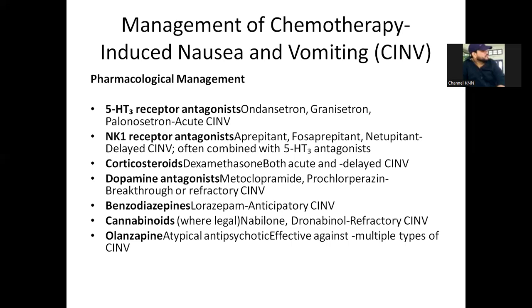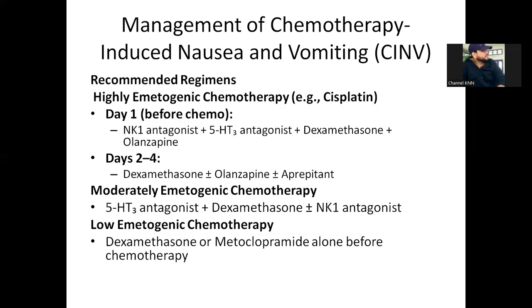Dopamine antagonists like metoclopramide, prochlorperazine are given during refractory CINV, and benzodiazepines like lorazepam can be given during anticipatory CINV, and cannabinoids like nabilone, dronabinol can be given in cases of refractory CINV, and olanzapine is given during multiple types of CINV. And this olanzapine is an antipsychotic drug.